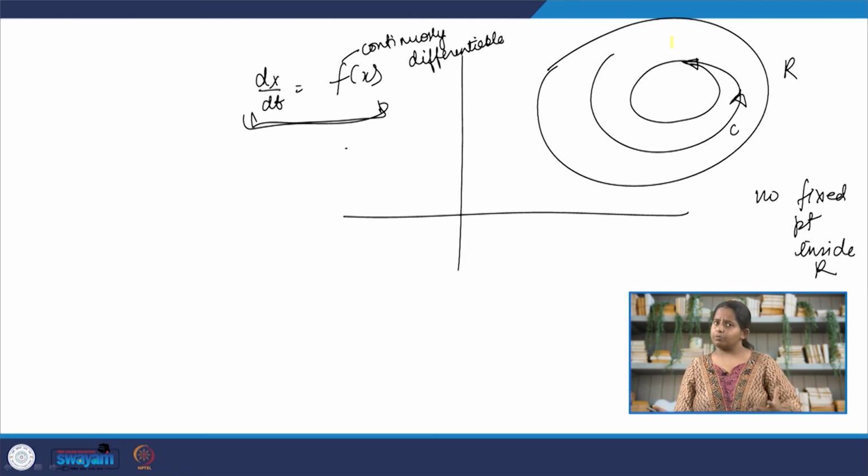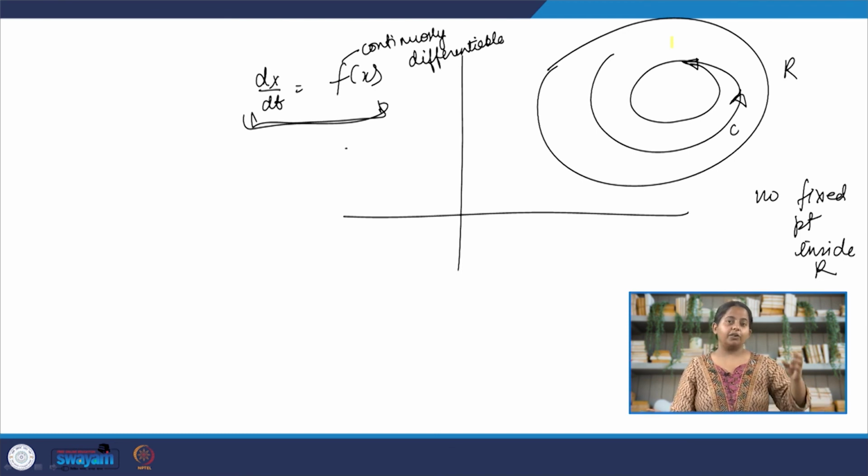So is there a fixed point inside it? If there is a fixed point, then the fixed point will determine the movement of trajectories. If there is no fixed point, then the Poincaré-Bendixson theorem comes into the picture, where either the trajectory that we are dealing with is itself on the orbit, or it is going to move into the orbit, it's going to join an orbit. And that's all for today's lecture.